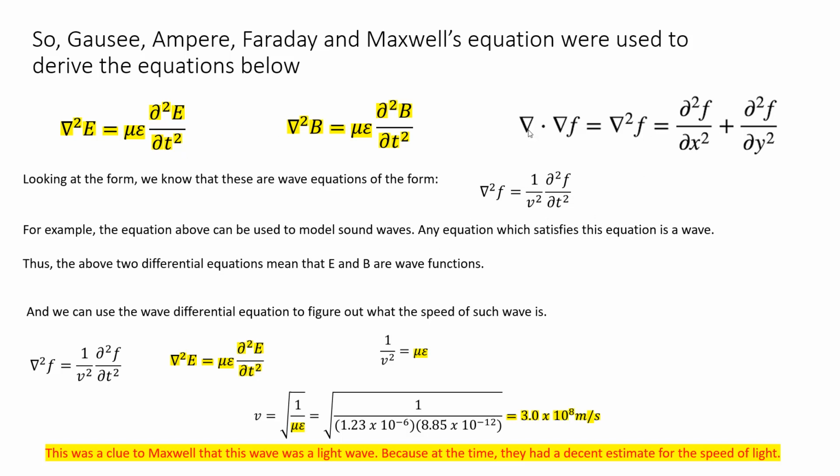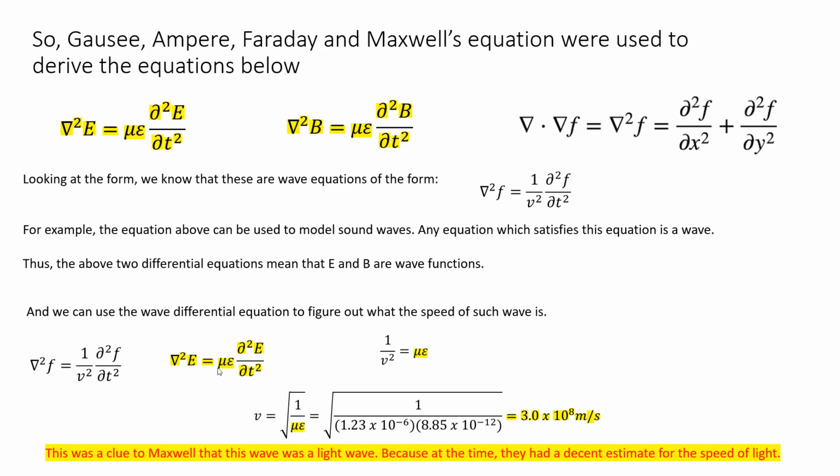If you have an equation of this form, I can prove mathematically and also from an experiment that the underlying function f is a wave. It's a model of a wave. Certainly that looks like a wave equation, right? And the velocity of such a wave is v here. So what this is telling me, using this general form of a wave equation, is that 1 over v squared is equal to mu epsilon, this constant, which means that v is equal to the inverse of the square root of mu epsilon.